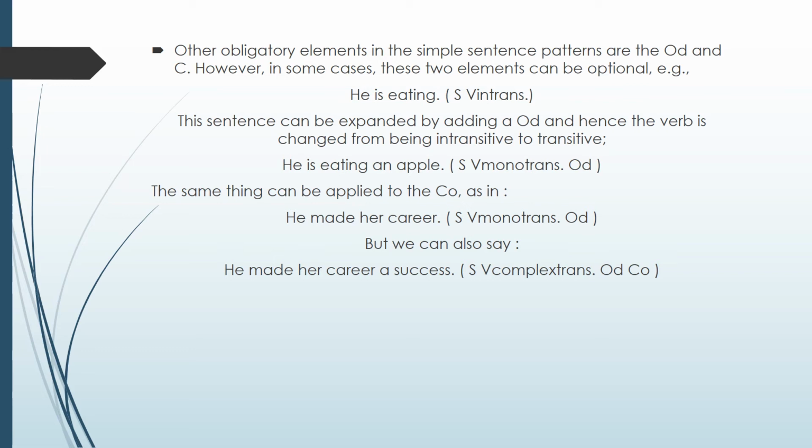And when I do this, I am changing the type of my verb from intransitive to transitive, and I am changing the sentence pattern from pattern number 7 to pattern number 3. This means when I can add another element to the sentence, this element can also be deleted. In the same way it is added, it can also be deleted, and we can get the sentence back to its original form.